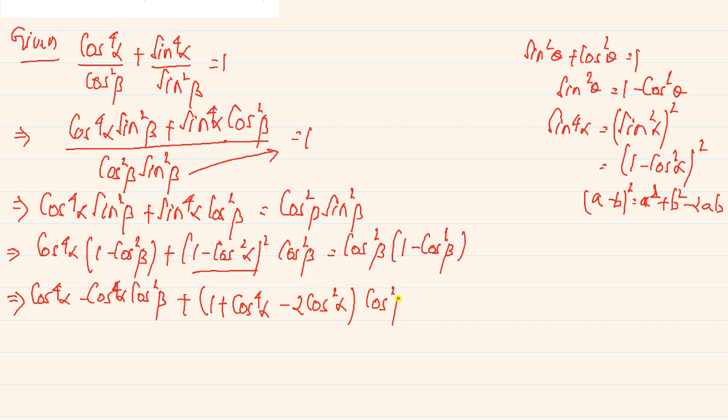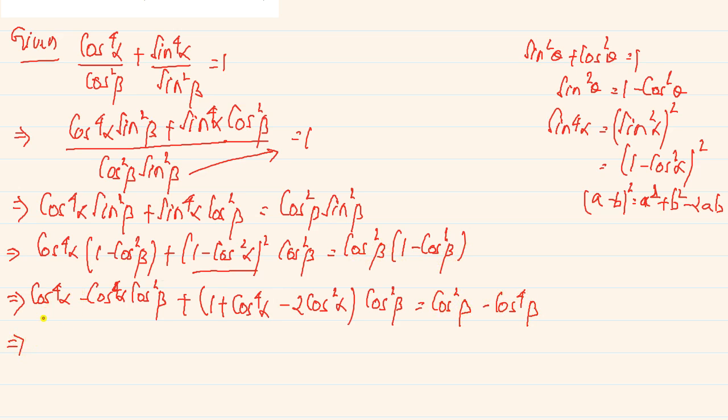Cos square beta is equal to cos square beta into 1 is cos square beta, minus cos square beta into cos square beta is cos to the power of 4 beta.